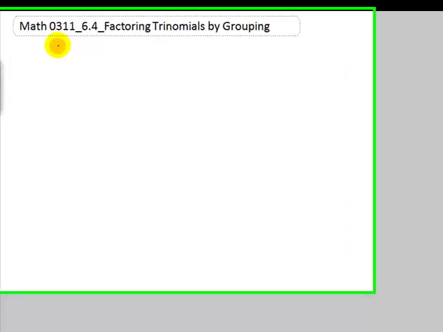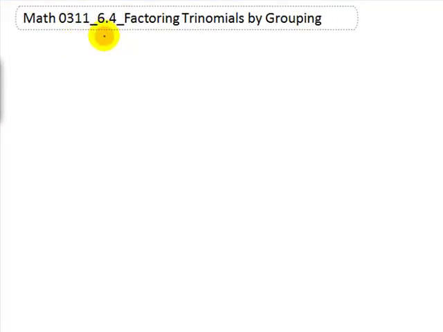Welcome back to your math class. 6.4, Factoring Trinomials by Grouping. It's important that you understand about greatest common factor. That's what we are going to use to do the factoring trinomials by grouping.